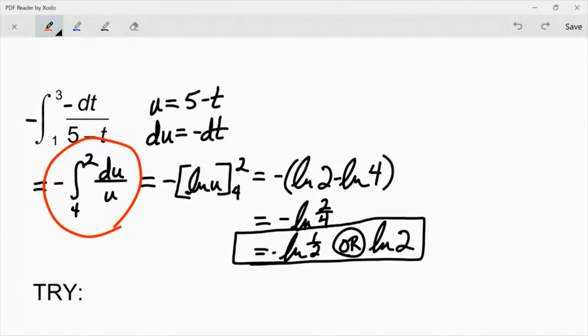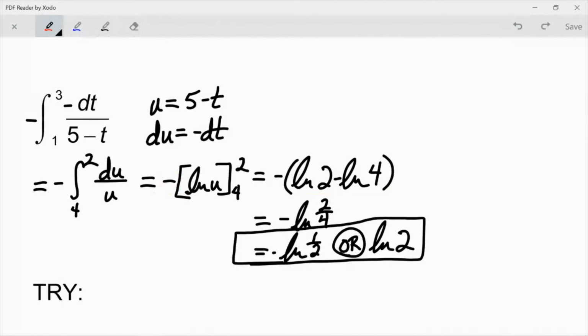But what you could do there, you could use a log property if you wanted to, and you could flip it around. You could just make that the integral from 2 to 4 of du over u. You'll get the same answer in the end. Your steps will be slightly different, but you'll get the same answer in the end. So you can see with the way I did it, since this negative is out in front, I had to be really careful and make sure that I multiply everything that I do by negative 1.